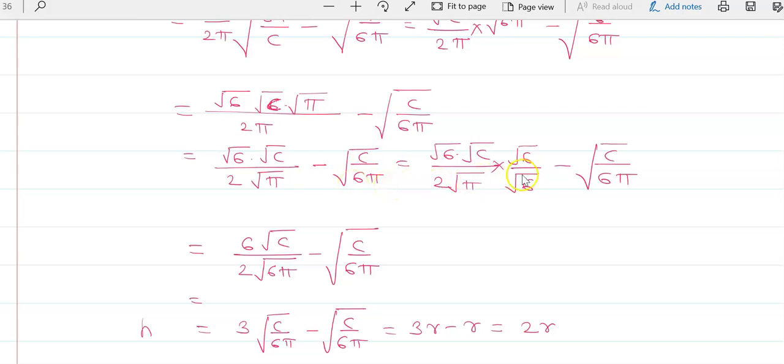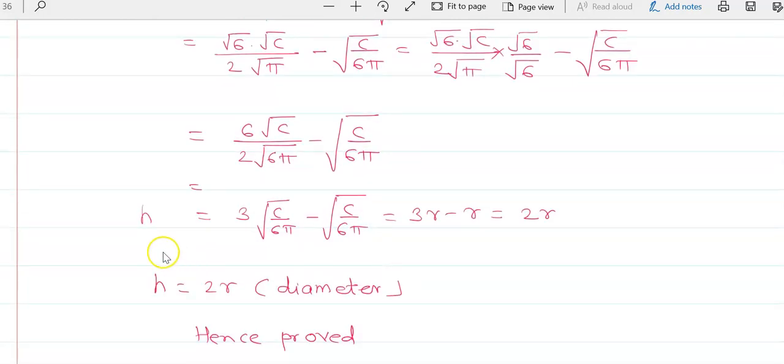Again we simplify, multiplying the first term by root 6 upon root 6, and it becomes 6 root c upon 2 root 6 root pi, that is, root of 6 pi into 2 root of 6 pi, minus root of c upon 6 pi. And this is nothing but the height.